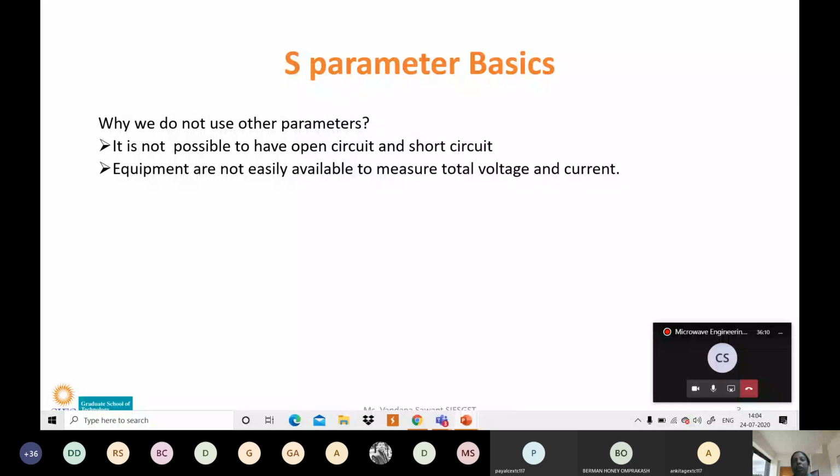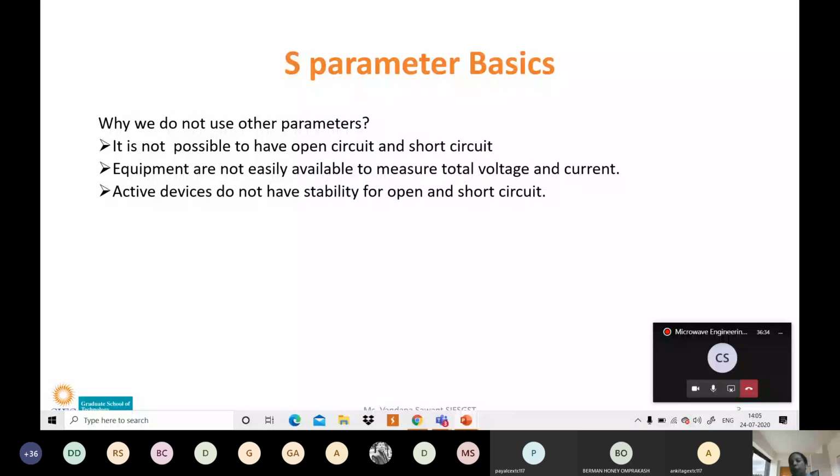So we can't go for open circuit, short circuit or direct voltage or current measurement.